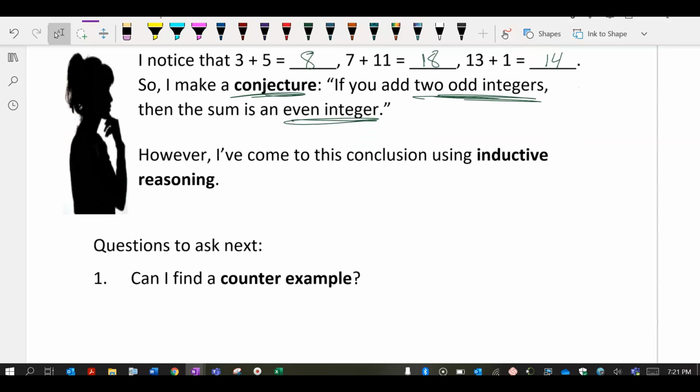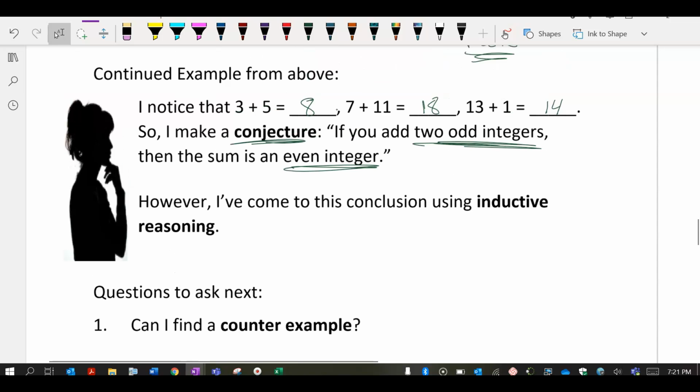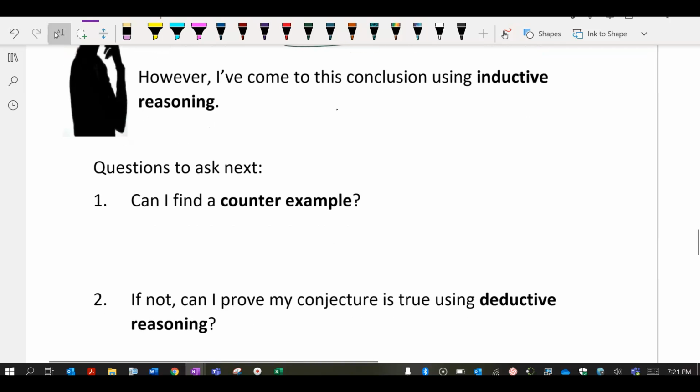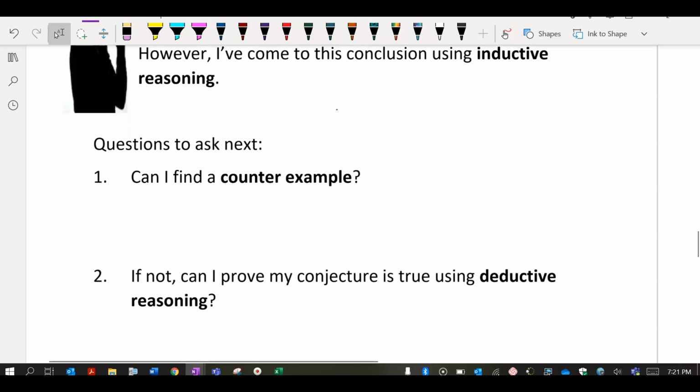However, I've come to this conclusion using inductive reasoning, using patterns and sequences and things that we previously know. Let's ask ourselves these questions. Can I find a counterexample? If not, can I prove my conjecture is true using deductive reasoning?